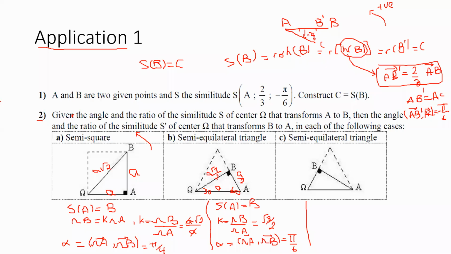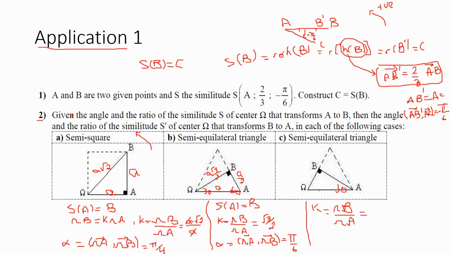Okay. After this, after we do number 1, in part C, I need to find the ratio of the similitude that transforms B to A. First we did A onto B, now we do B onto A. K equals omega B over omega A. How much is omega B? This angle here is 30, so omega B is A over 2.